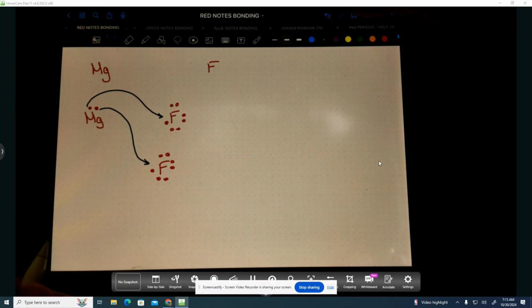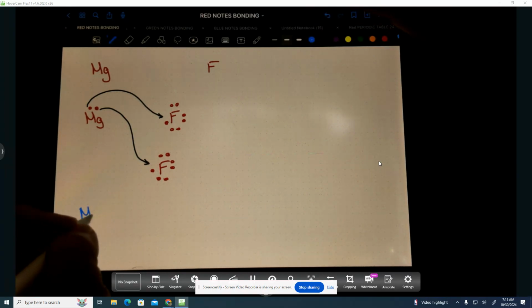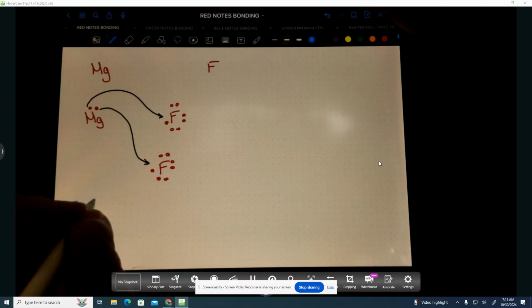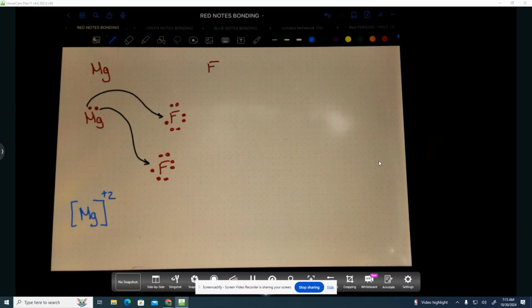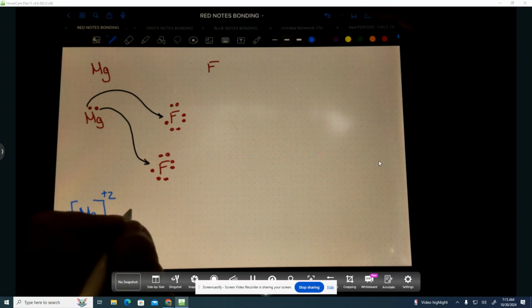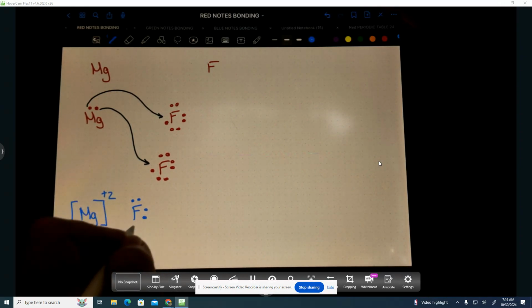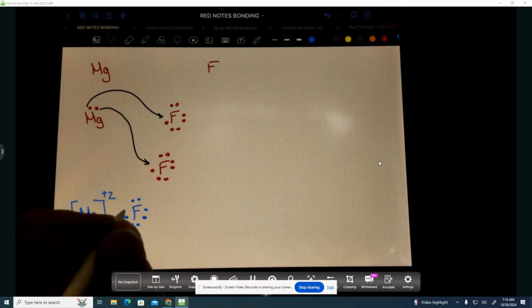Okay. Then what we will do is we will take, I'll draw it in blue, the magnesium that now has no electrons of its own. We're going to put that in brackets and put the charge on it. Its charge is a +2. The fluorine, which now has 8 electrons around it, 7 of its own and 1 that came from the magnesium.